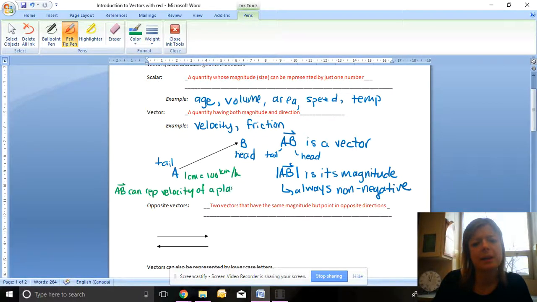Because it is 4 centimeters long, it would be going 400 kilometers per hour, and northeast due to the direction. So that's what this vector could represent.